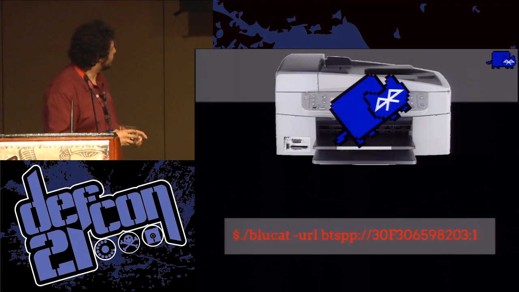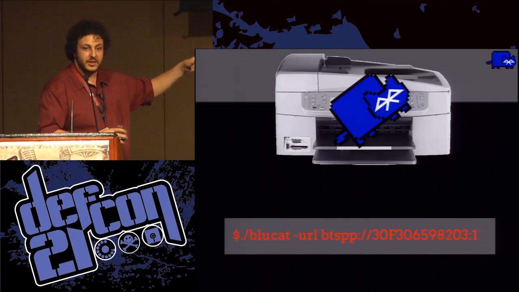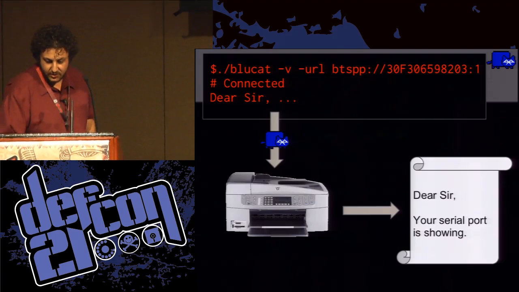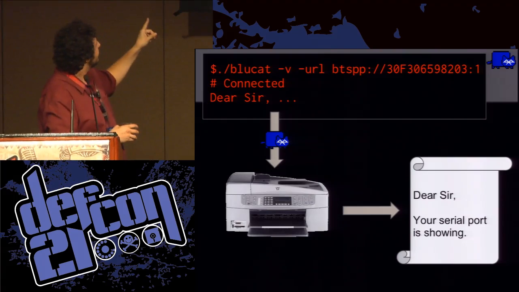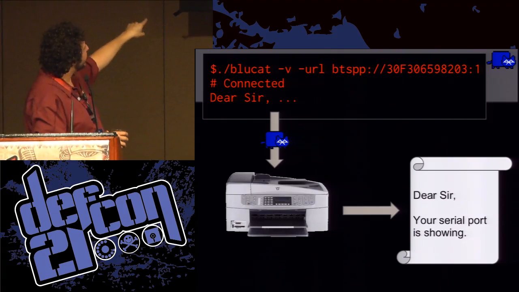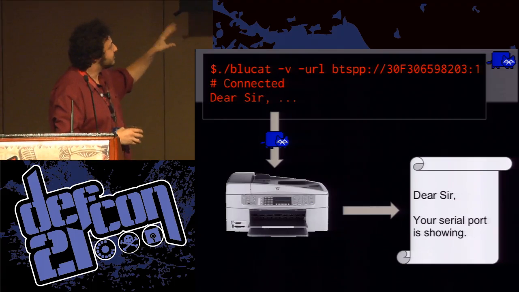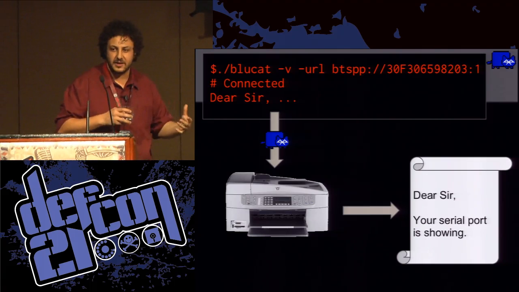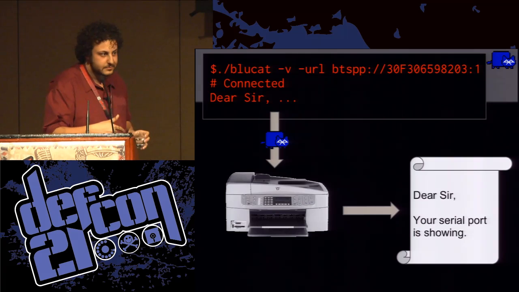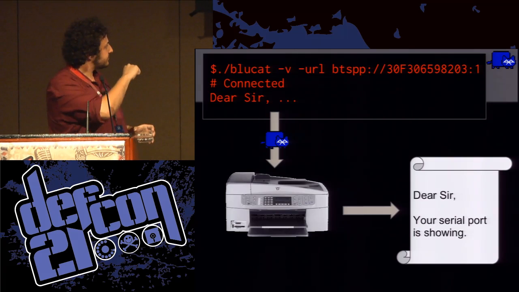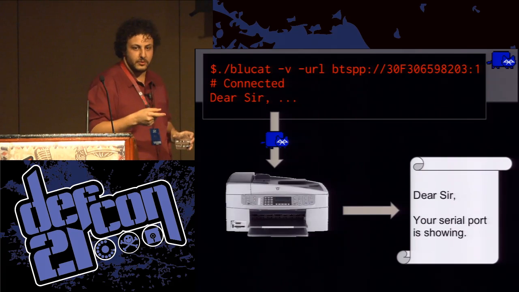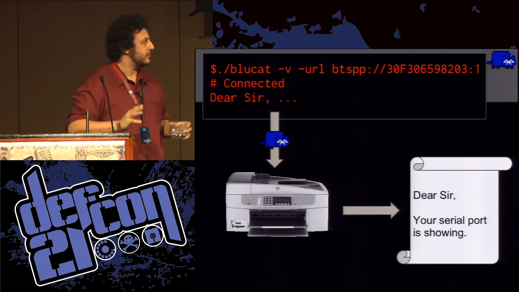So we can type Blucat-URL and just put that URL in there with the MAC and the channel number and connect directly to this thing. And it turns out this printer, so Blucat launches and it doesn't ask for authentication. It's usually the other side. So you'd connect to this printer and the printer would be like, all right, yeah, it's fine, I don't need to pair with you.